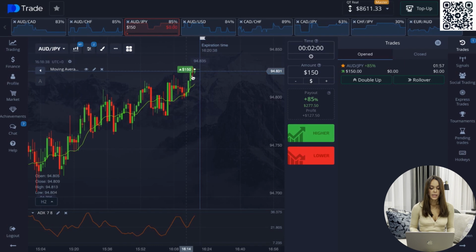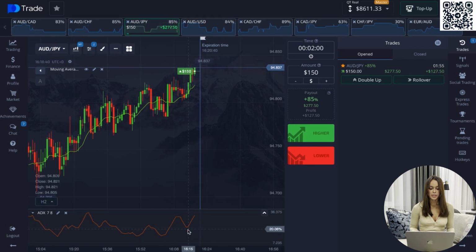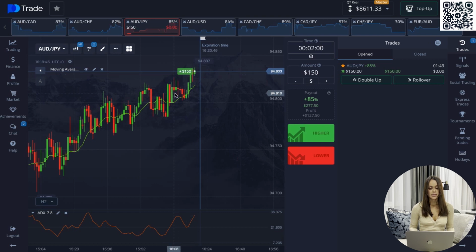So, I immediately found a good opportunity to enter the next position. We see the trend, trend trading on the ADX indicator. We also see that the price is above the moving average line, which indicates an uptrend and its trend trading. We are waiting for the completion of this transaction.